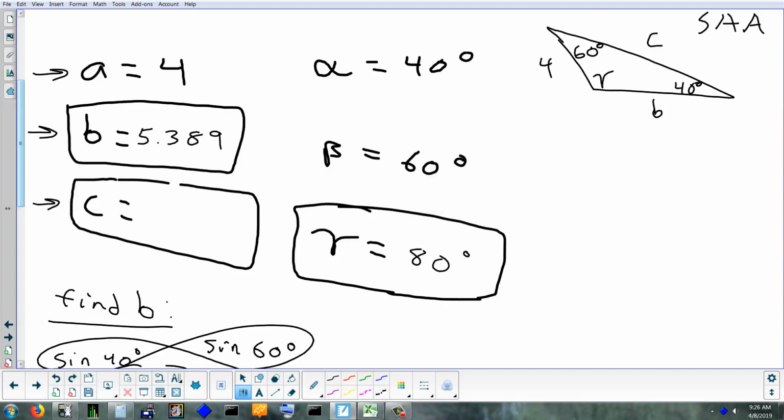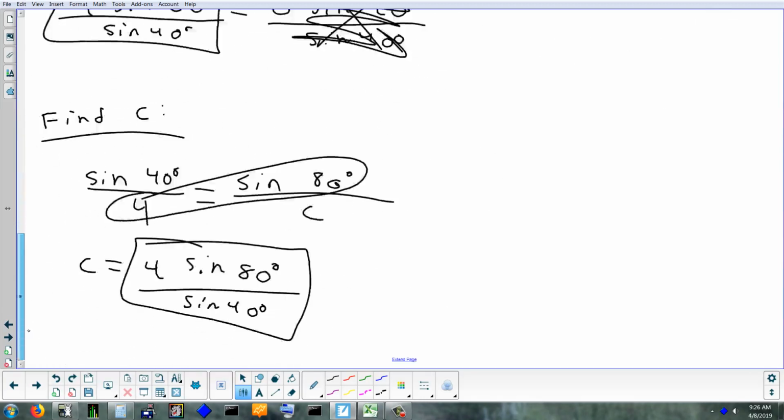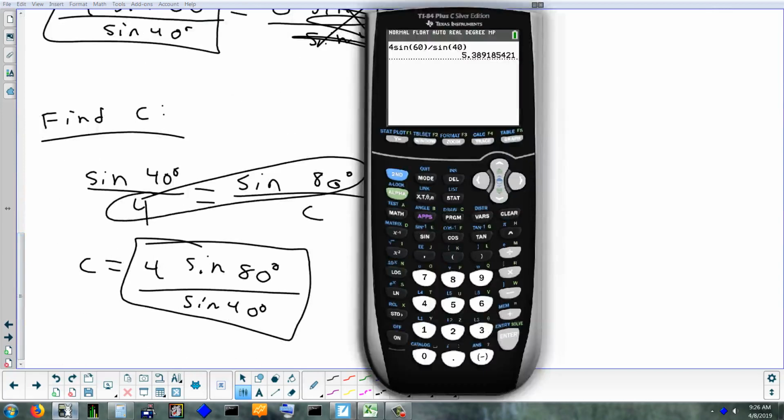Roughly 9.3, right? If this comes out bigger than 9.3, then these 2 sides added together wouldn't be bigger than it. That's a problem. So something's wrong. So we're hoping for a number that's smaller than 9.3. So let's see what we have. We've got 4 sine 80 divided by sine 40. And I get 6.128.